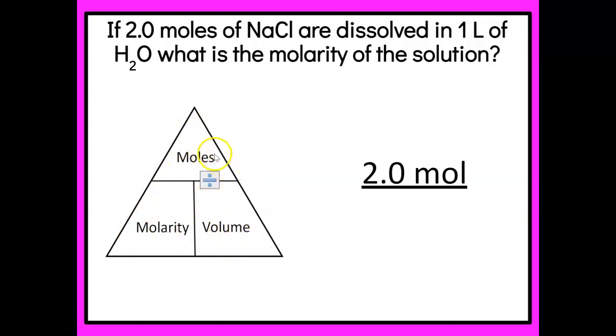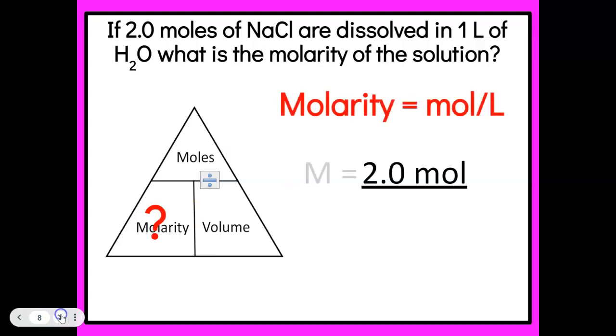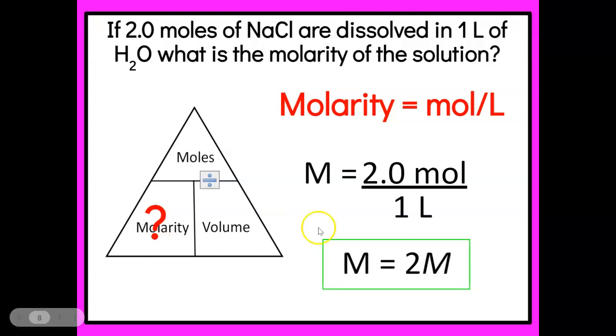So we're going to divide our moles by our volume here. 2 is what we're going to put on top because we have 2 moles of the sodium chloride divided by 1 liter, and that will give us our answer. Our molarity is equal to 2 moles divided by 1 liter, and our molarity is 2 molar.